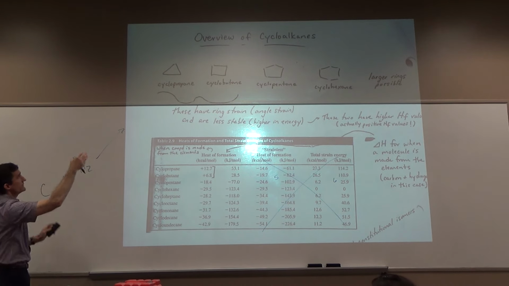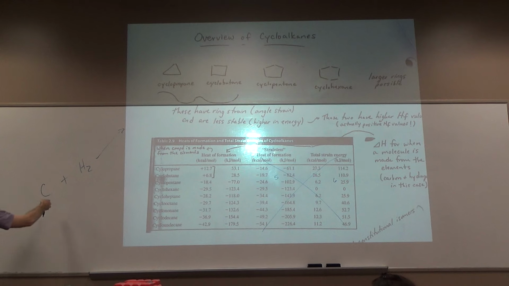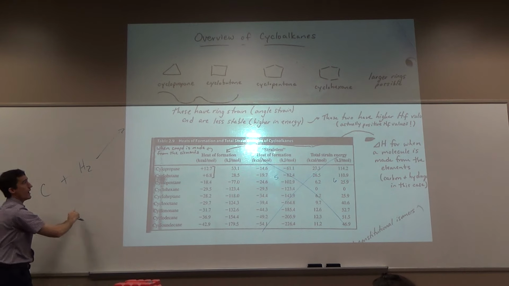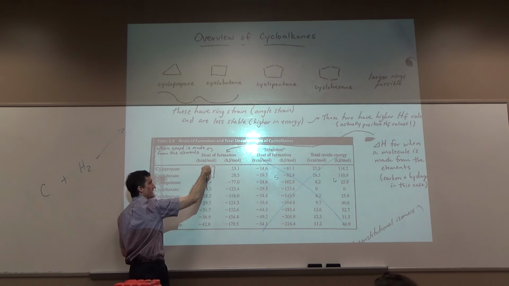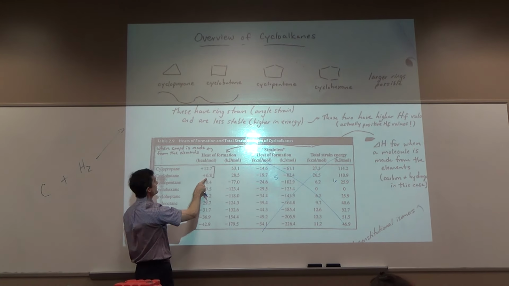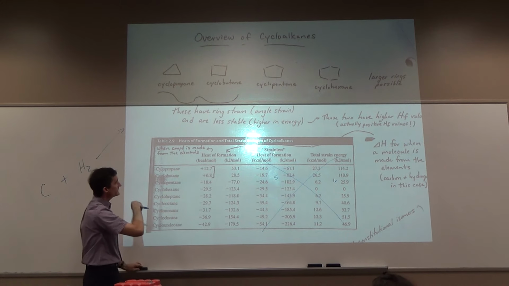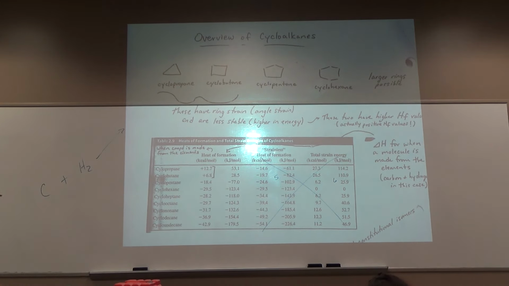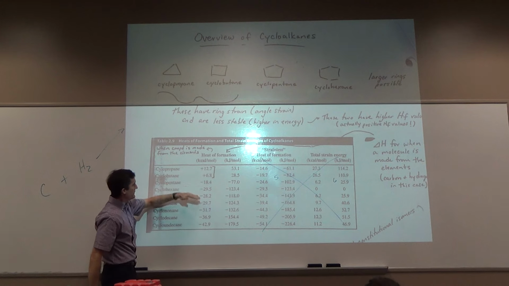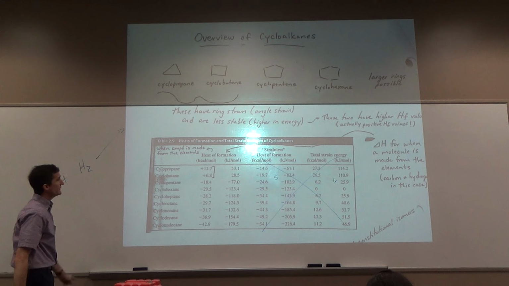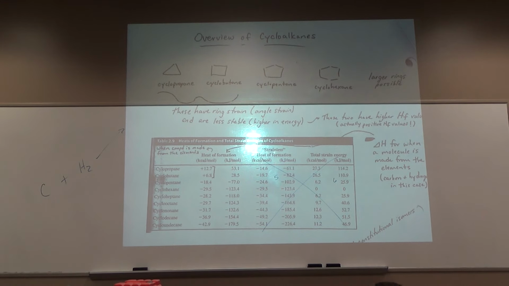And then what's the heat? Do you also get heat, or do you have to put heat in? Well, look at this. For these two, you have to put heat in. That is, the heat of formation, which is a delta H, you have to put heat in. But the other ones, you get heat out. Why do you have to put heat in to make these? Because they have strain.